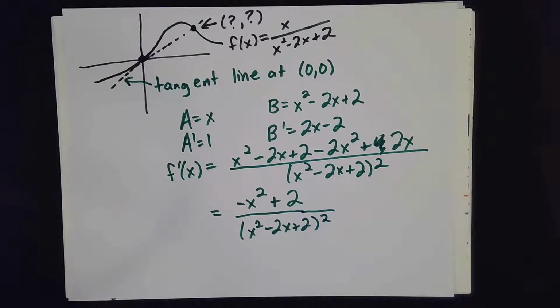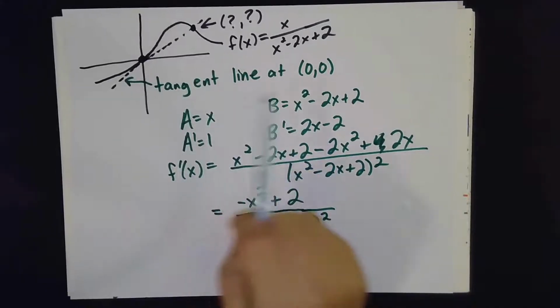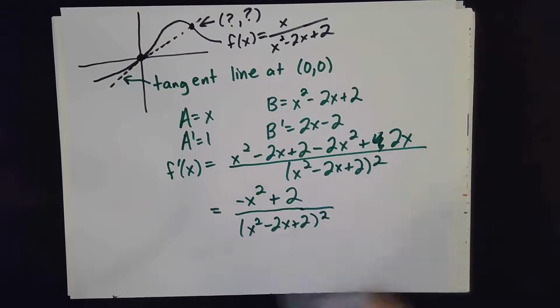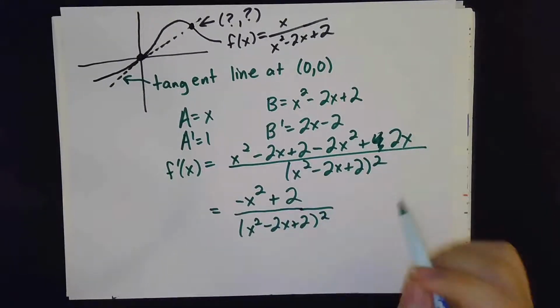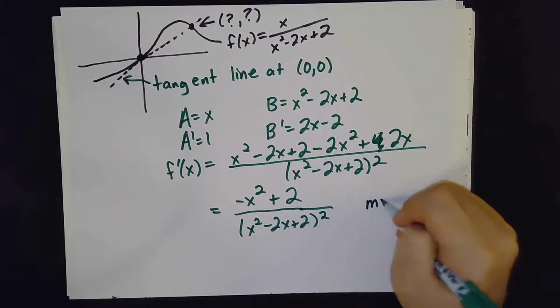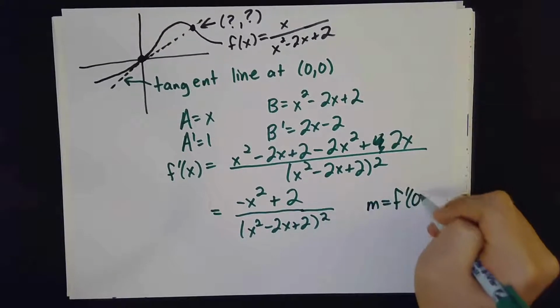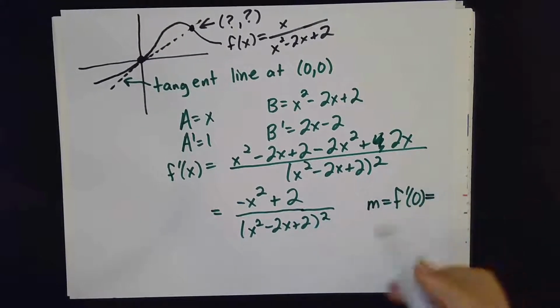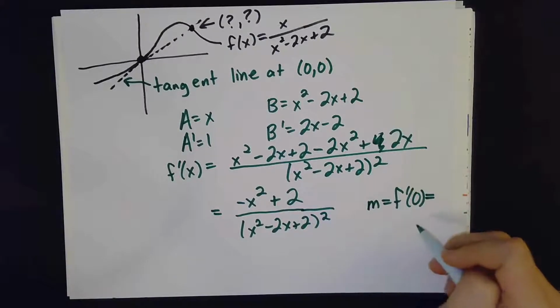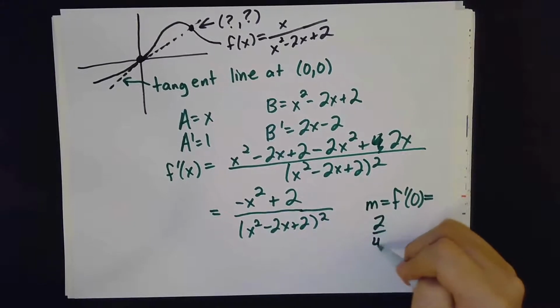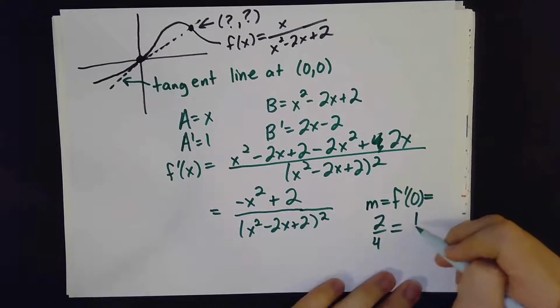Okay. Now I have to remember what it was I actually wanted. And what I actually wanted was the equation of the tangent line at 0, 0. So f prime of 0 is my slope. And that happens to be 2 over 4, which is the same thing as a half.